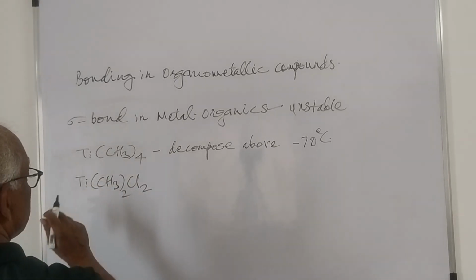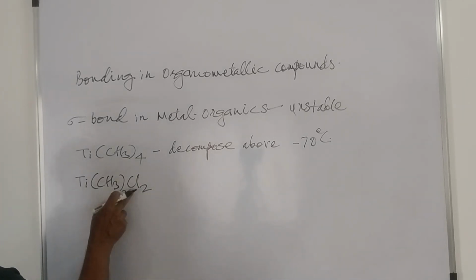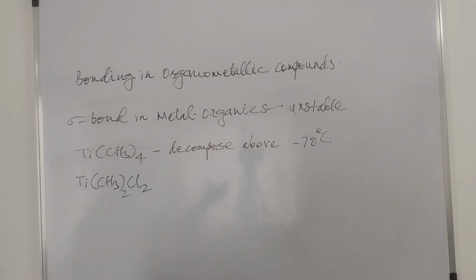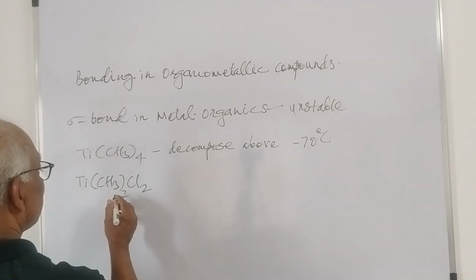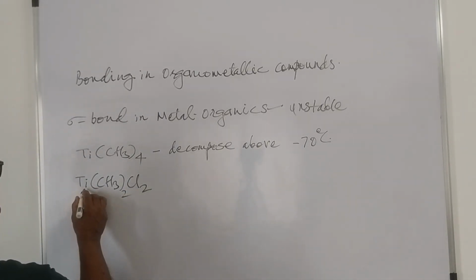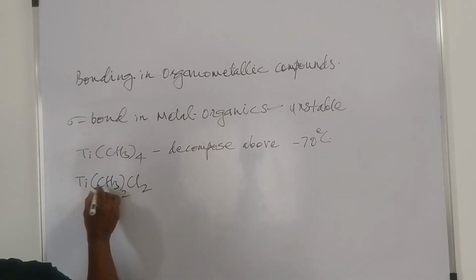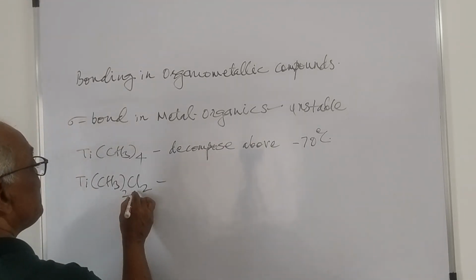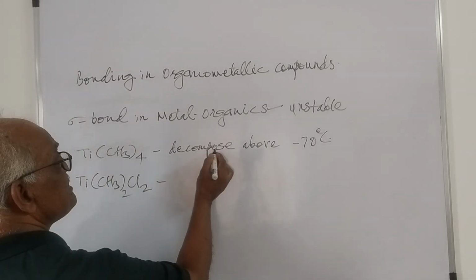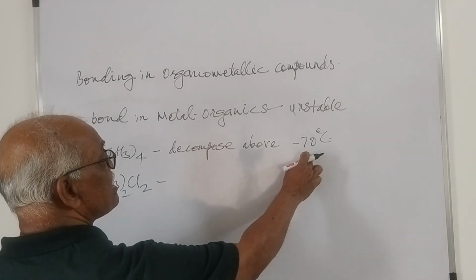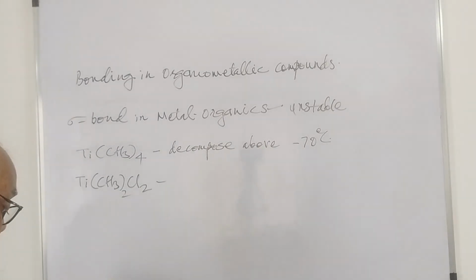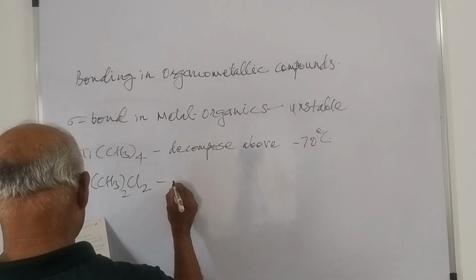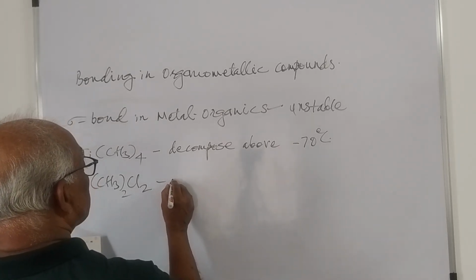These two Cl have electron attracting power, and that is why the bond between titanium and Cl becomes relatively stronger and the compound becomes more stable. It will decompose only above -70 degrees centigrade, and it shows that it can be prepared.